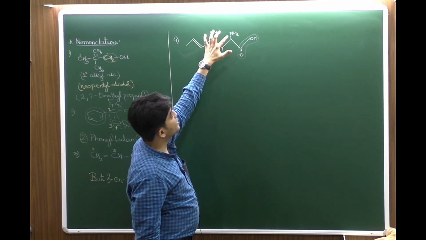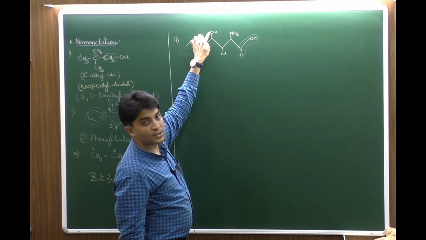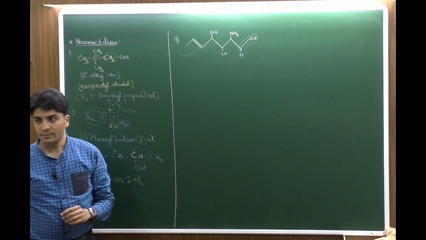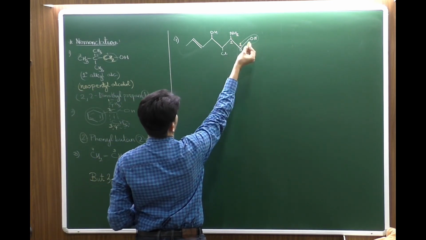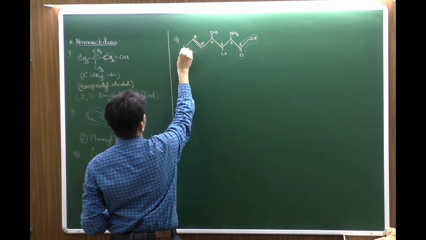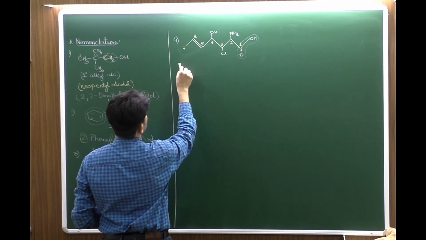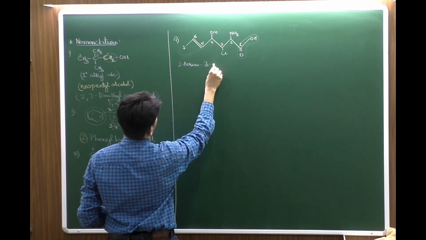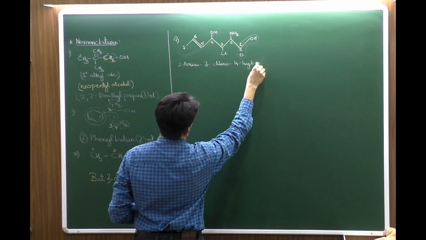The substituent name for amine is amino, for chlorine, chloro, for OH, hydroxy, and for alkene you use ene. Correct? So, the numbering will be done from the right, the COOH carbon, and it will be 1, 2, 3, 4, 5, 6 and 7. Now in alphabetical order, the substituents would be 2-amino, 3-chloro, 4-hydroxy.